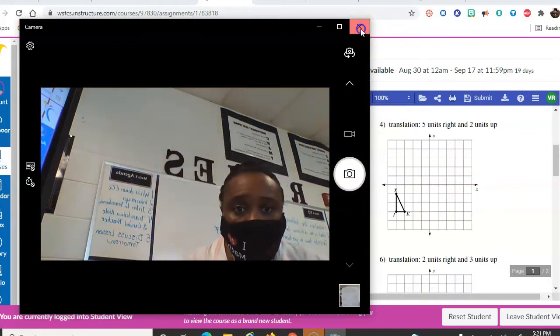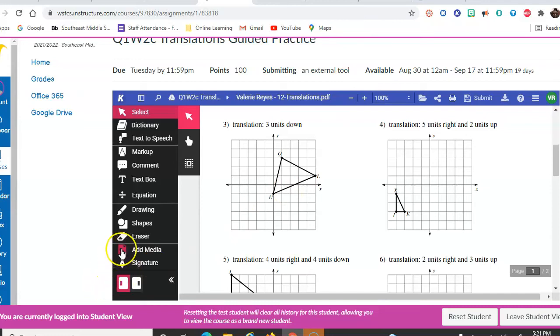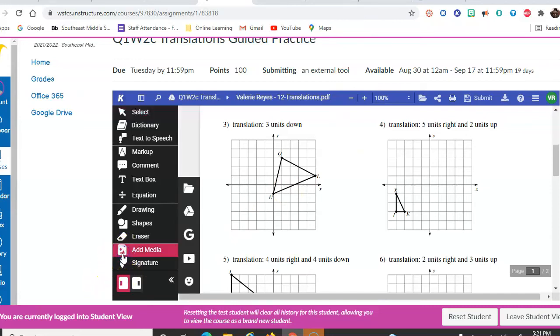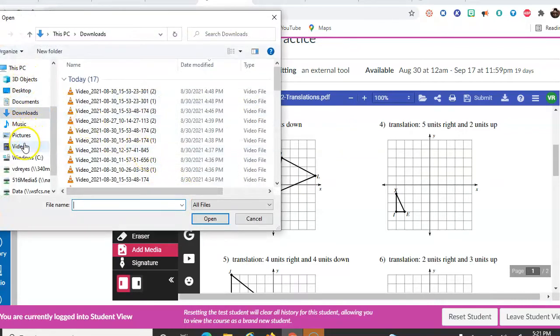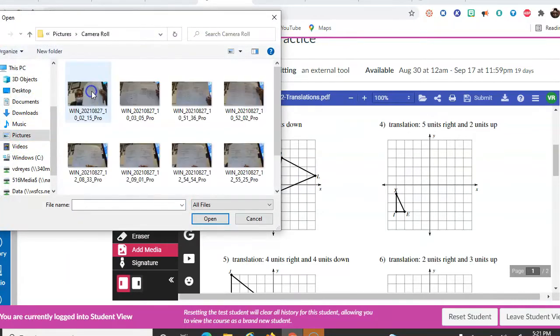Okay, you're going to close this out. You're going to go to Add Media right here. Add Media, my computer. I need to go to my pictures, camera roll. You can upload more than one.